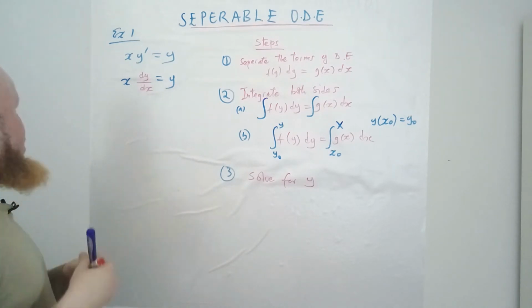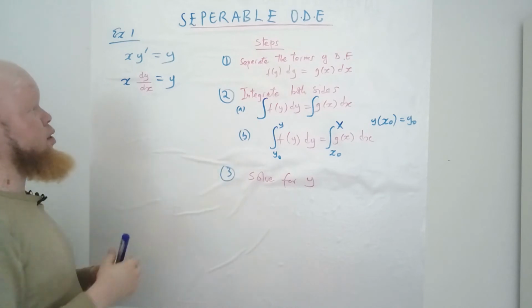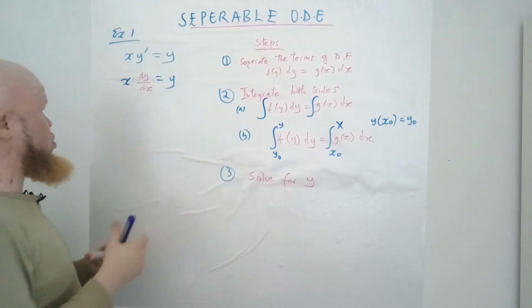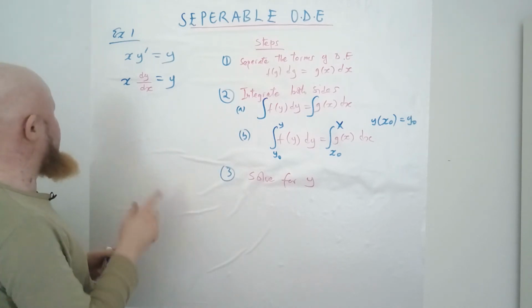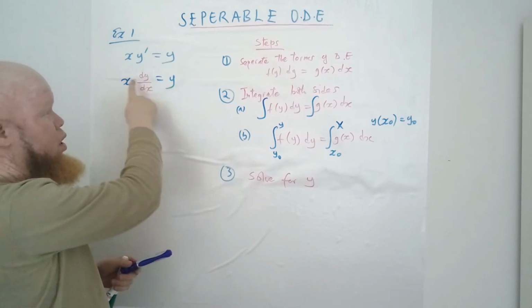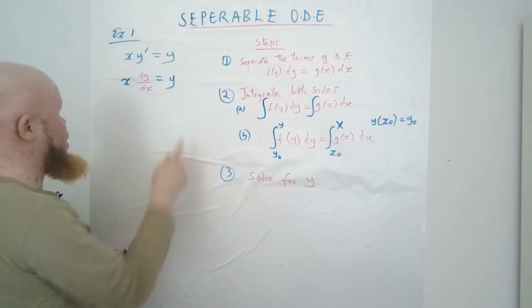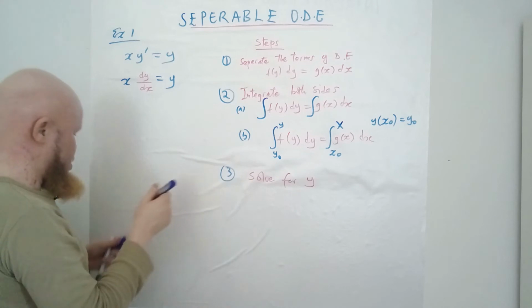After that, you're going to separate, as we said. You can separate as follows: dx and x can go to this side, and y can come to this side.